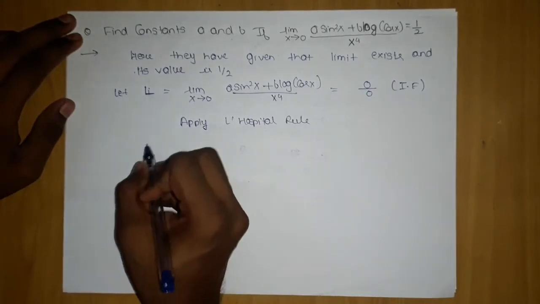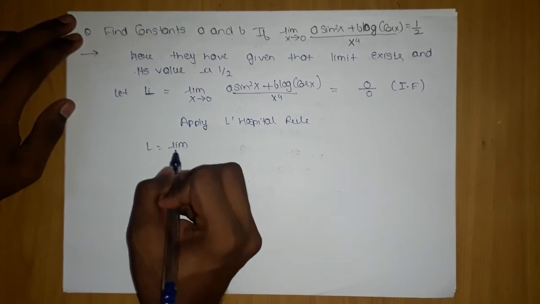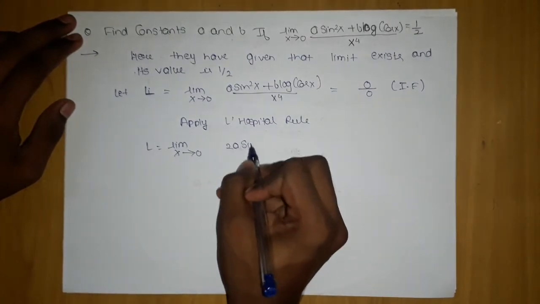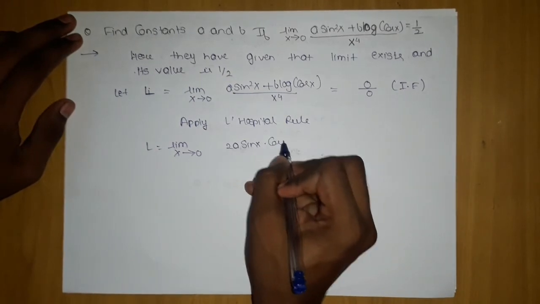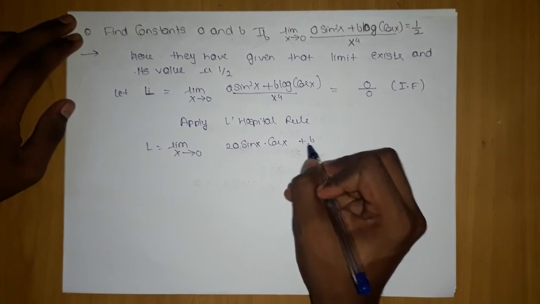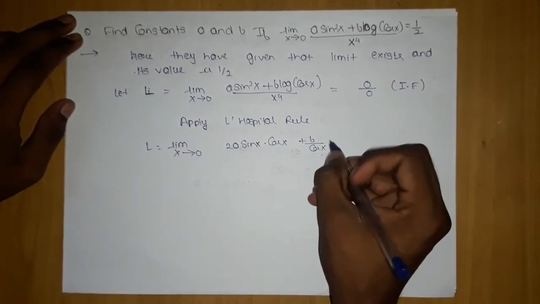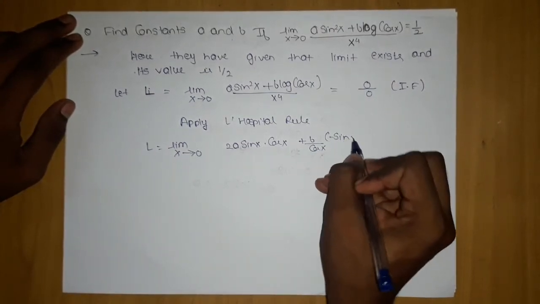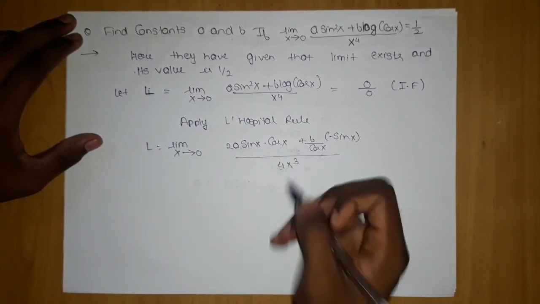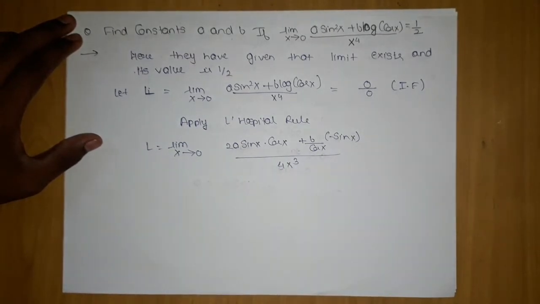What you will get: 2a sin x cos x plus b times minus sin x over cos x, the whole by 4x power 3.